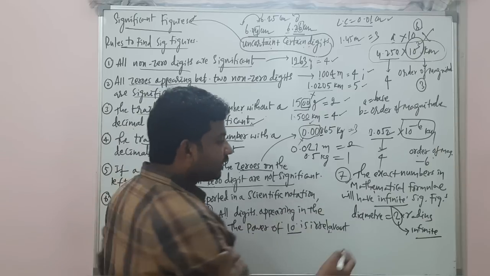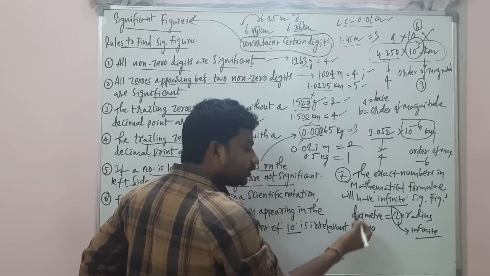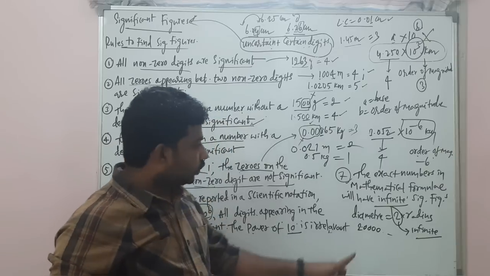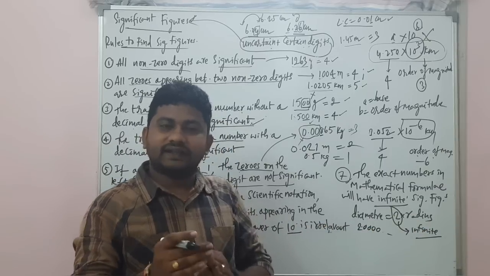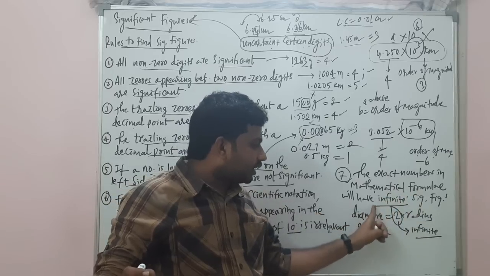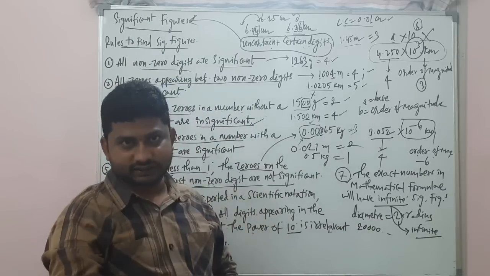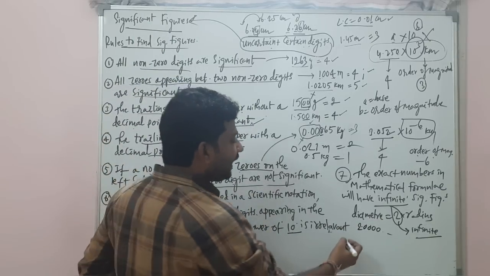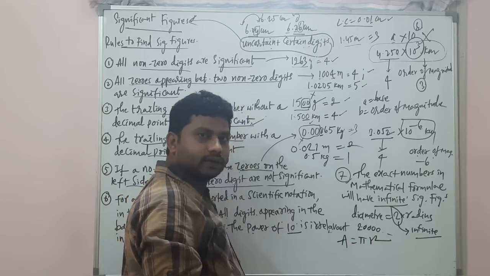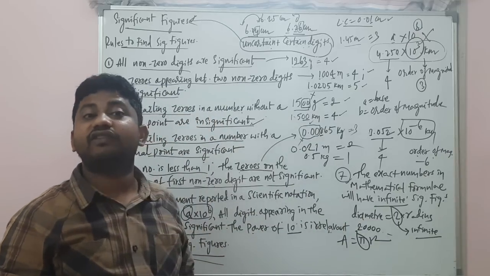Because it can be written as 2, 2.0, 2.00, 2.000, 2.0000 and so on. This is a rule. Exact numbers in a mathematical formula will have infinite significant figures. For example, the area of a circle is pi r squared. This pi will have infinite significant figures.